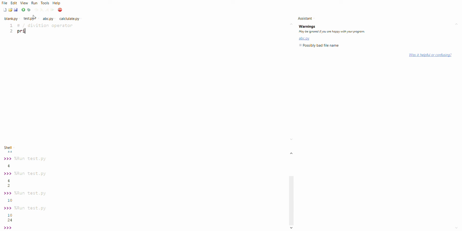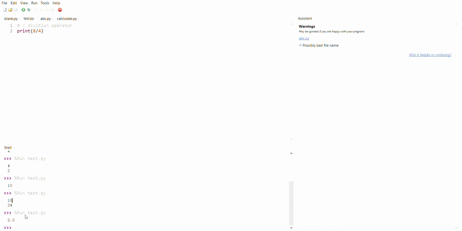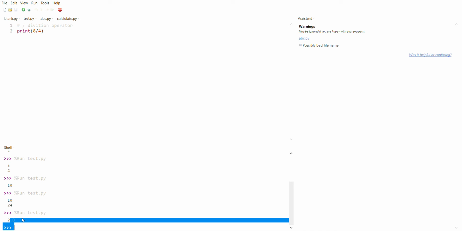Let's write print 8 divided by 4. Now let's run it. So here we go. When we divide 8 by 4, we got 2. So the answer is 2.0.